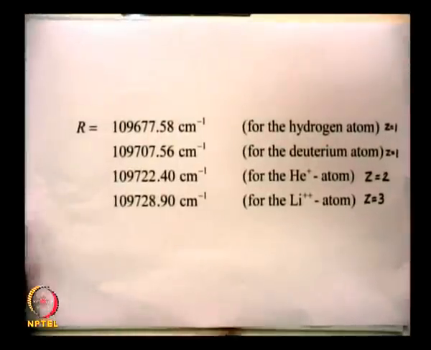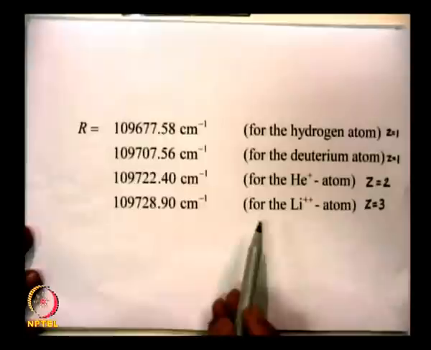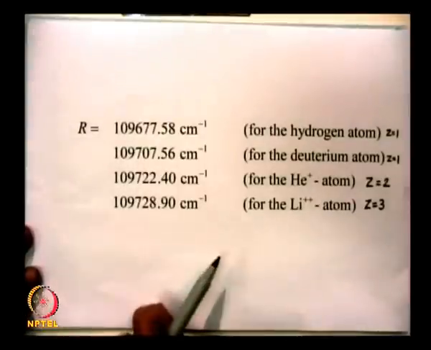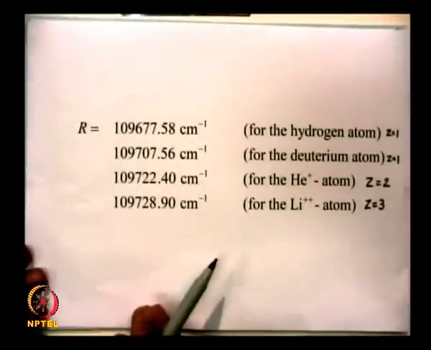So, because in each case the mass of the nucleus is slightly different, it leads to slightly different values of the Rydberg constant.